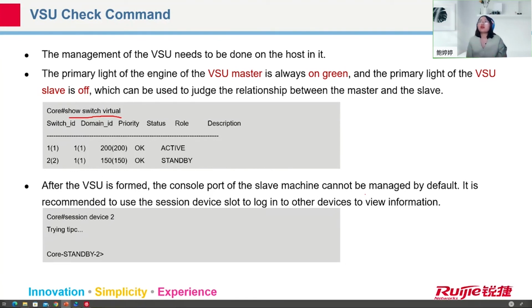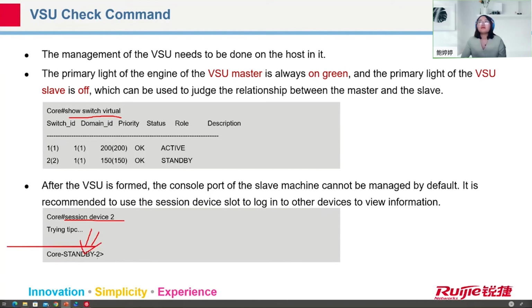But if you want to check some configuration or check some message within the second devices, how to do it? Because the console interface of the standby cannot work, right? You can directly on the active devices use a command like this: session devices 2, and then you will directly enter the devices 2.